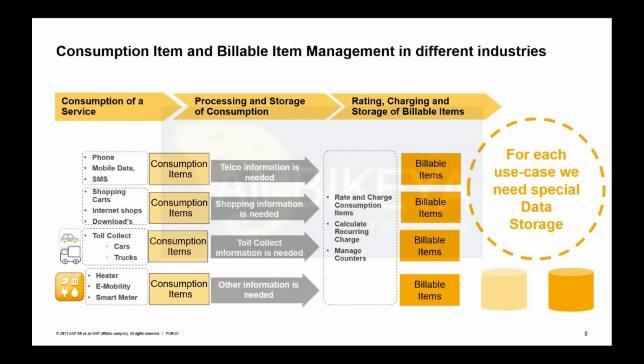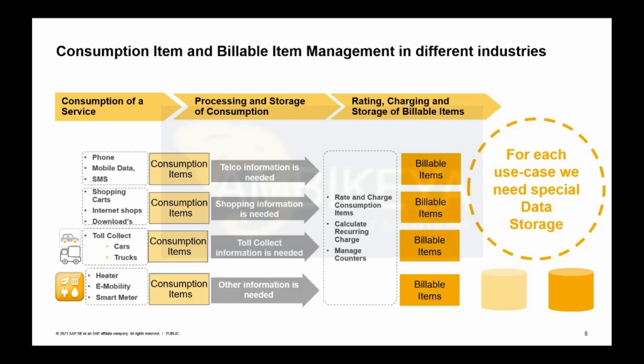The background is that we can have different consumptions. For example, in the telecommunication industry, you have a phone number, you have SMS, and in convergent invoicing we are able to configure these classes in which the data is stored.